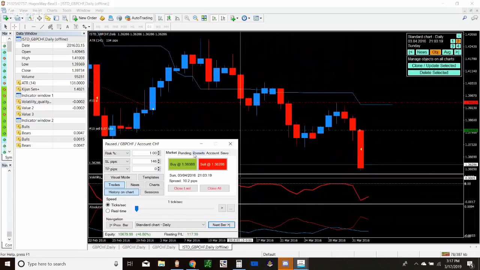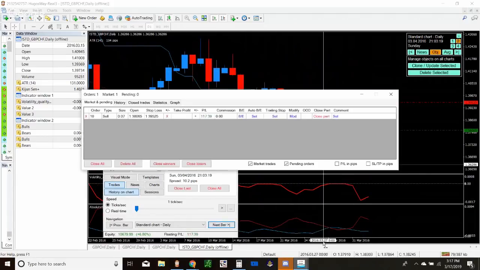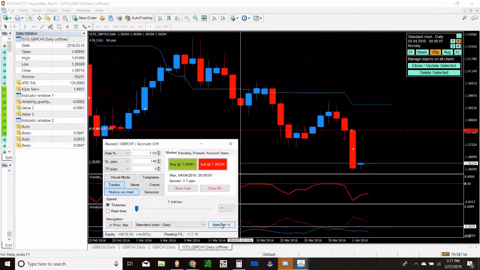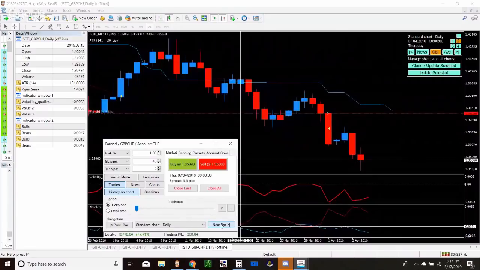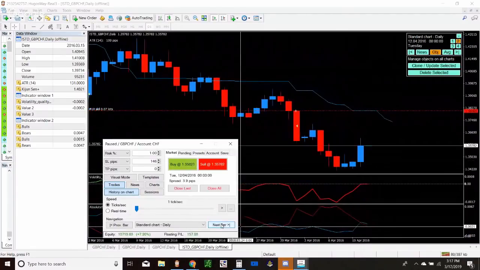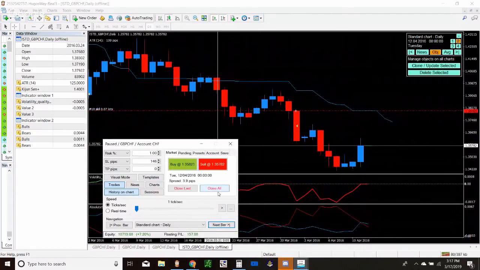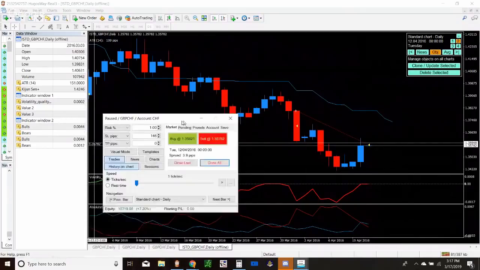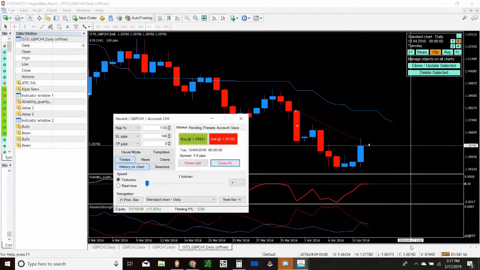Okay, so we hit our take profit there. Go ahead and move to break even until we get an exit signal. Okay, got an exit signal right there. So it looks like we have our confirmation.